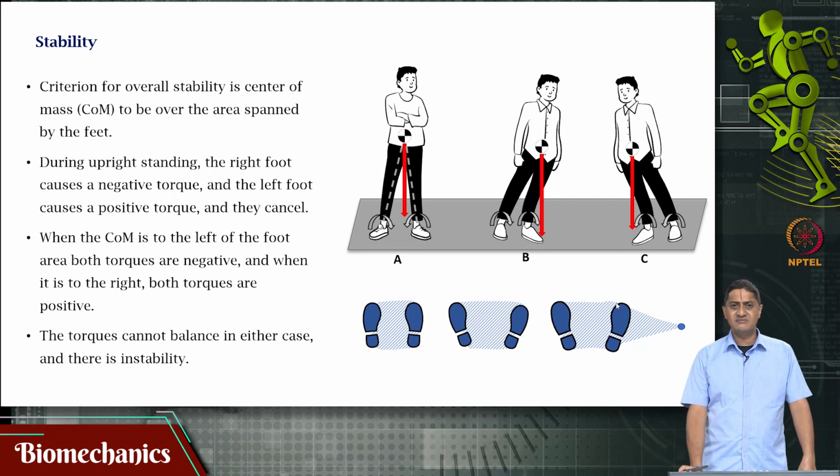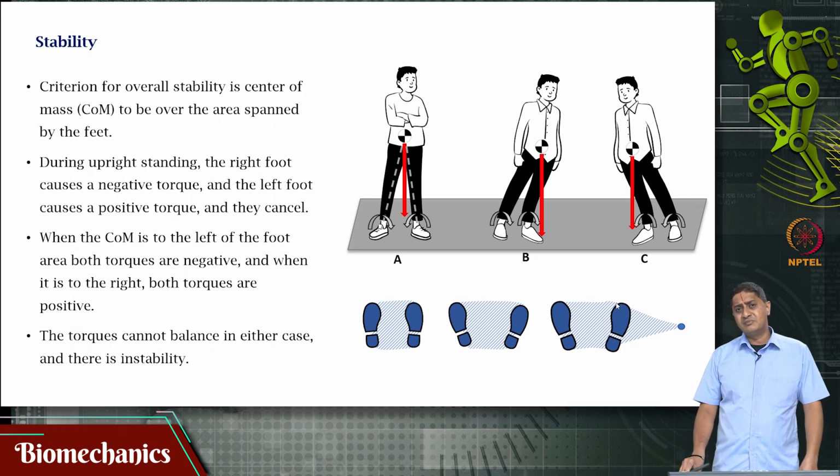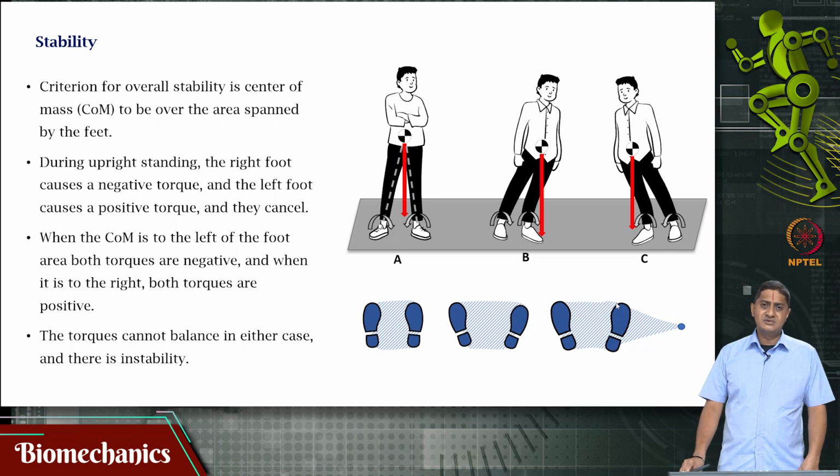Suppose a person is standing with two legs like this. The criterion for stability is that the center of mass lies somewhere within the area that is completely spanned by the two feet. Something to keep in mind, something that you can also watch for, is that as people get older or if there are some pathologies, you will see an adaptive mechanism used by individuals to overcome lack of stability.